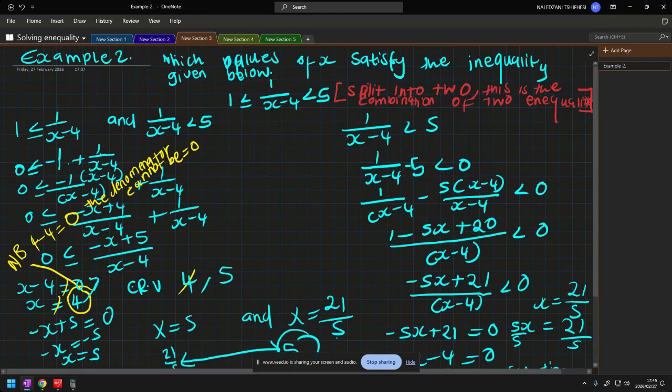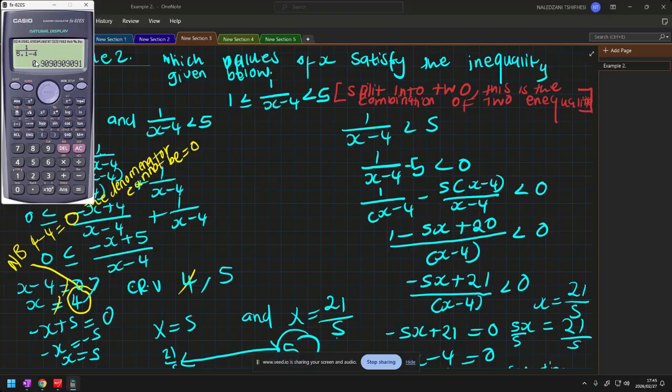But remember, 4.1 is going to give us 10, and 4.2 is going to give us 5, right? So it must be greater than this one.